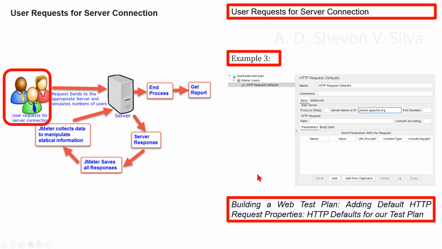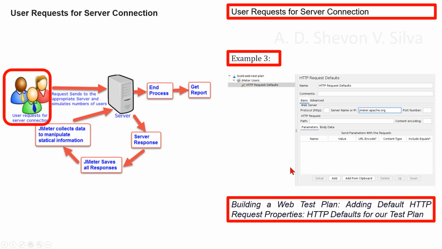Here you will specify the default settings for your HTTP request, and then you will add HTTP request elements which use some of the default settings you specify there.